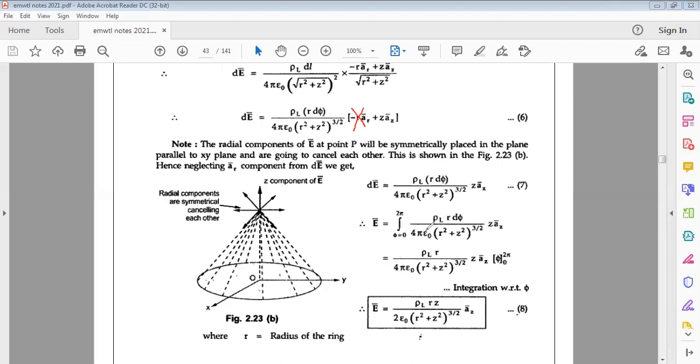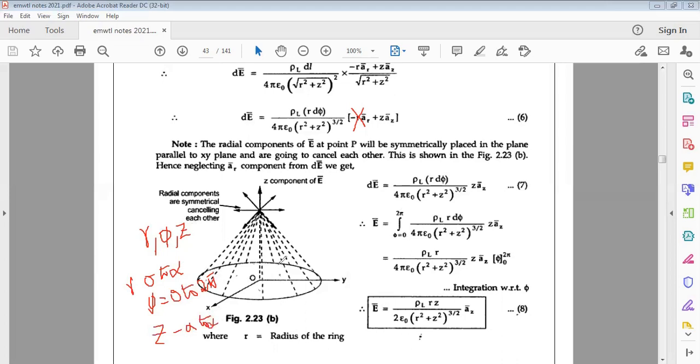And why am I taking 0 to 2 pi? We know R, phi and Z are the variables. R varies from 0 to infinity, phi varies from 0 to 2 pi, and Z varies from minus infinity to infinity.